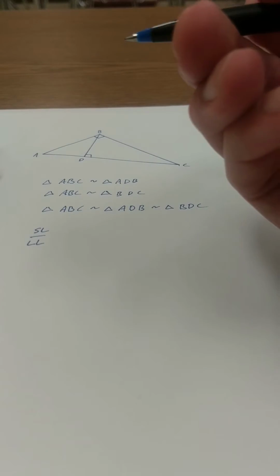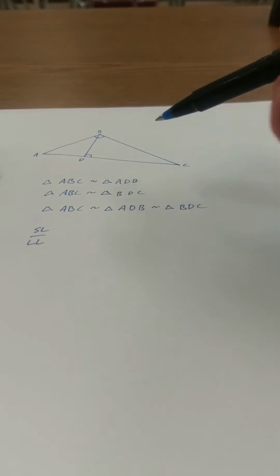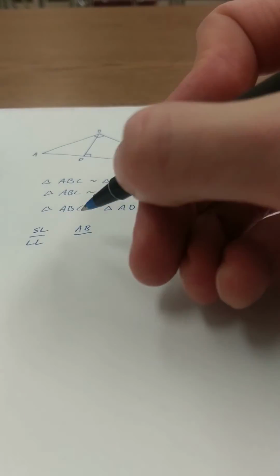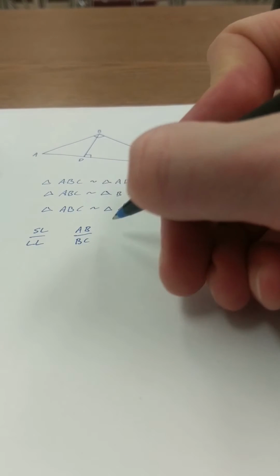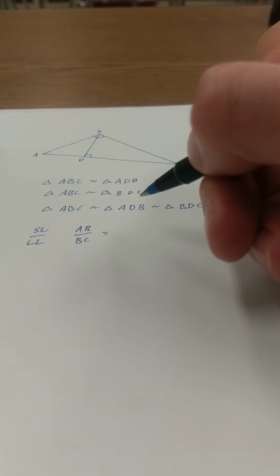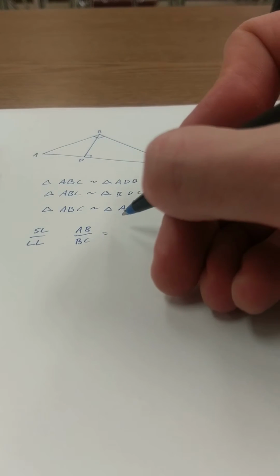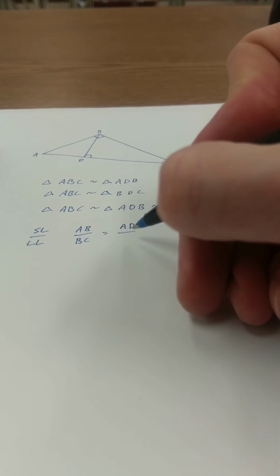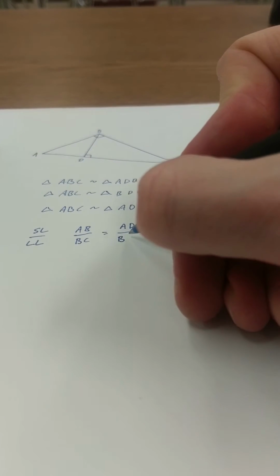And that means in the whole triangle, that's side AB is the short leg and side BC is the longer leg. And I know that these things are proportional, so then I could look at the smaller triangle and say that its shorter leg, which is AD, to its longer leg, which is BD.